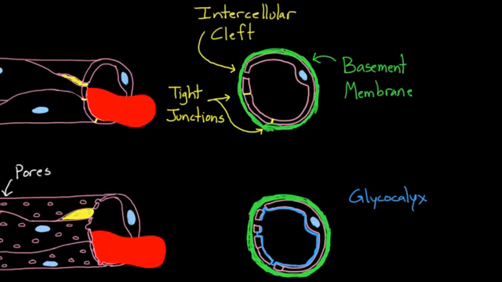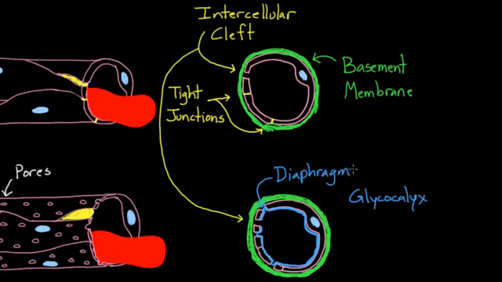So if you have an intercellular cleft like you do here, let me just draw the arrow down here, right there, you won't see any glycocalyx there. So we call that little bit of glycocalyx that's bridging the pore, we call that the diaphragm. Diaphragm. So these fenestrated capillaries actually have diaphragms over their pores.